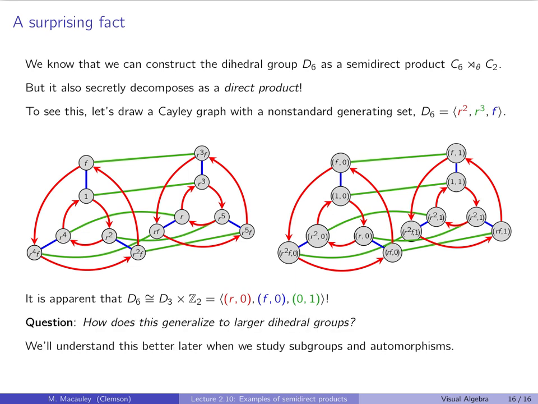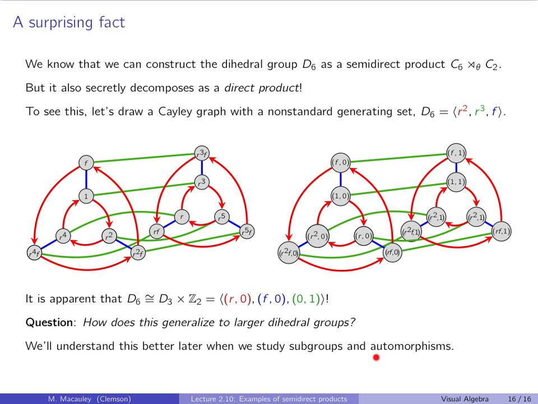I claim that if n is even, this is basically going to work. But also, why does it work? This is something that we will completely understand in chapter 4 when we study subgroups and automorphisms.